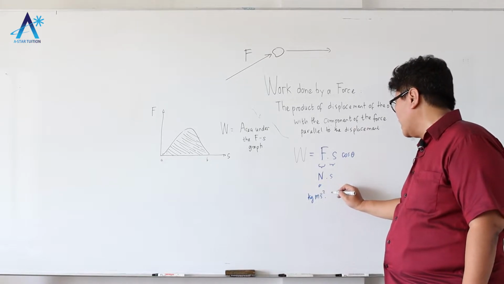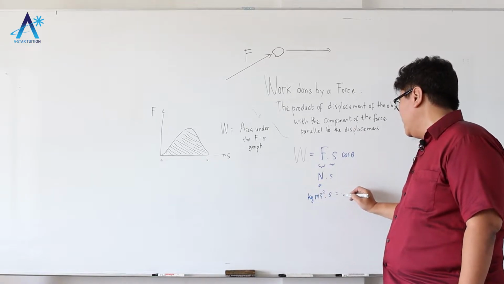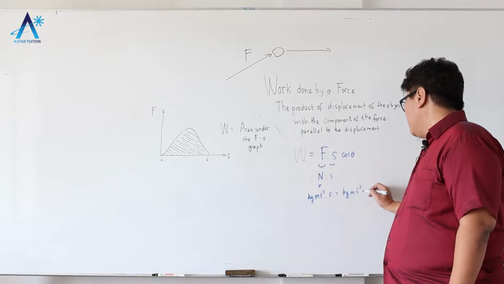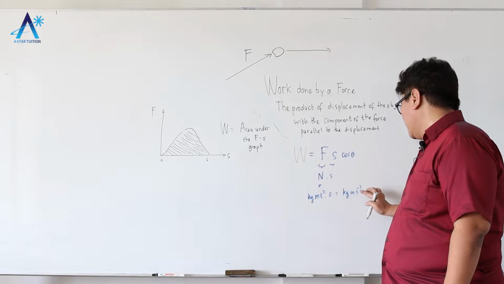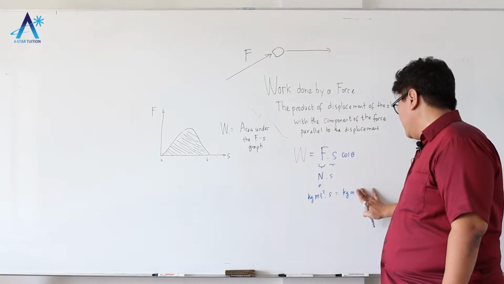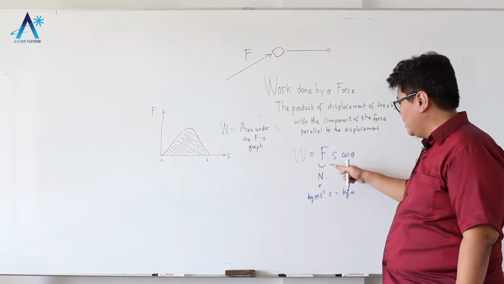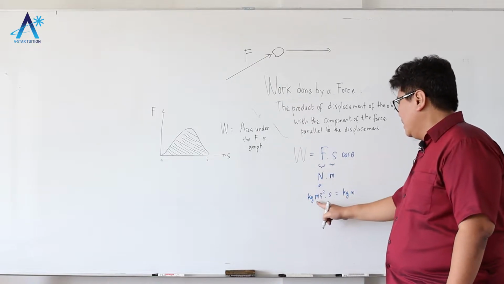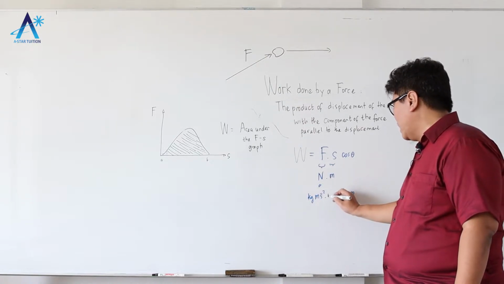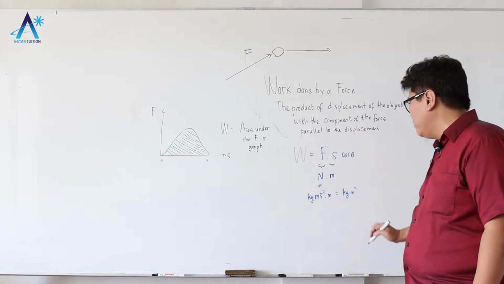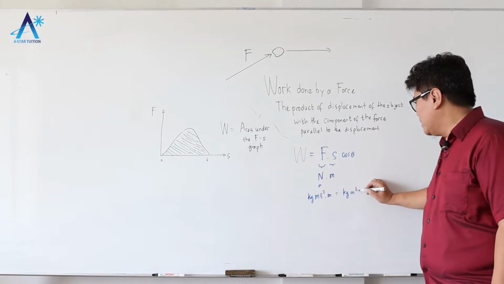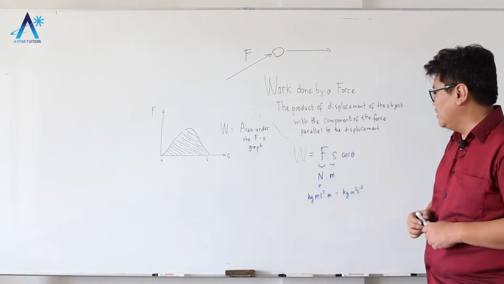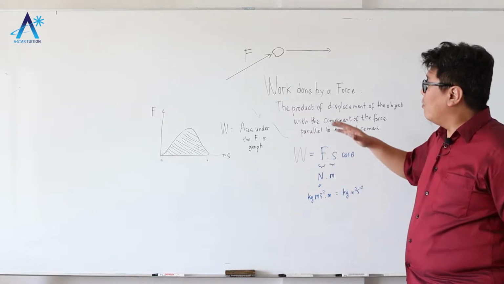Multiply this by meter, so it's going to give you kilogram meter square second minus 2. So this is the fundamental unit for work.